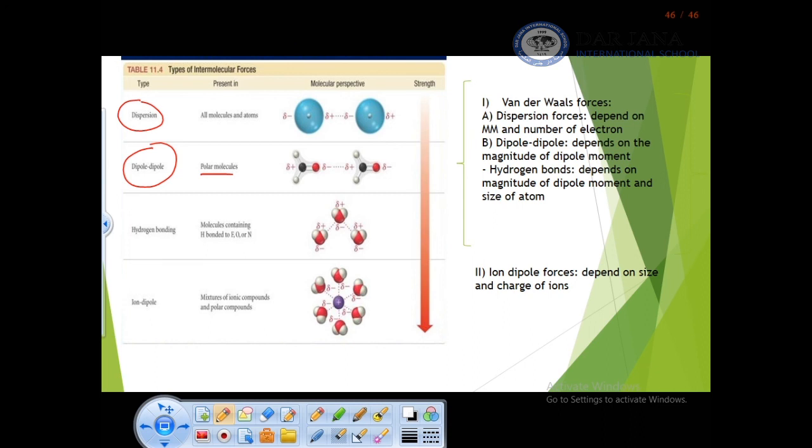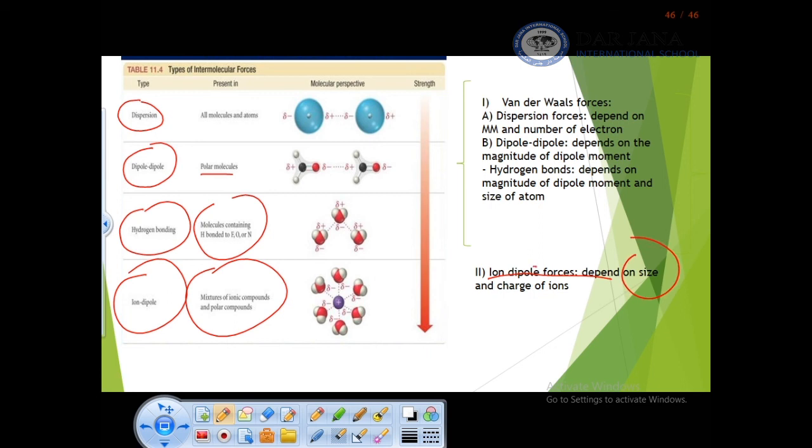After that, hydrogen bonding, molecules containing H bonded with N, O or F, and finally the ion-dipole, which is a mixture of ionic compounds and polar compounds, as you can see. So the ion-dipole forces depend on the size and the charge of the ion. And we should know that the strength increases when we move from dispersion, dipole-dipole, hydrogen bonding, and the ion-dipole.